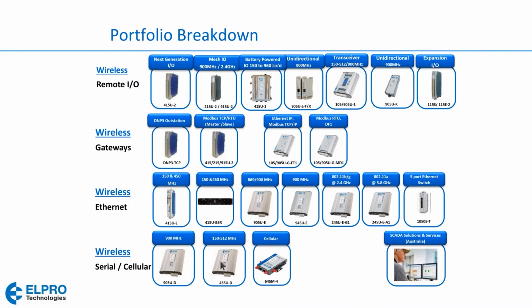And then we have serial devices that do the same, and a cellular modem as well. Now today we're going to run through a live demonstration using the 905UG ET1 Ethernet gateway, and the opposite radio is going to be the 905U-1.